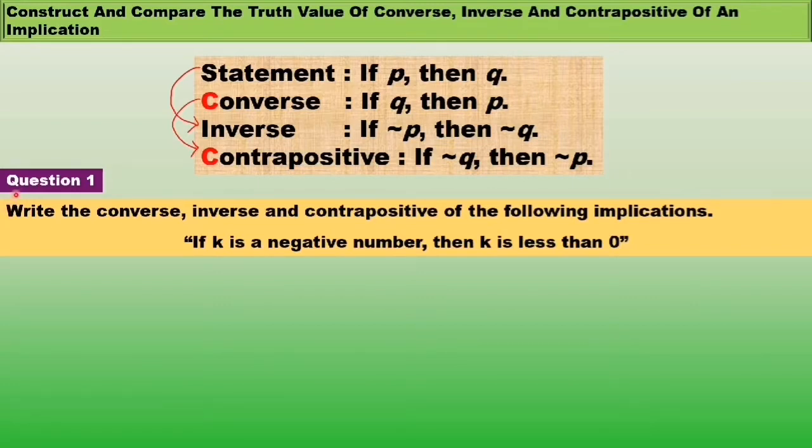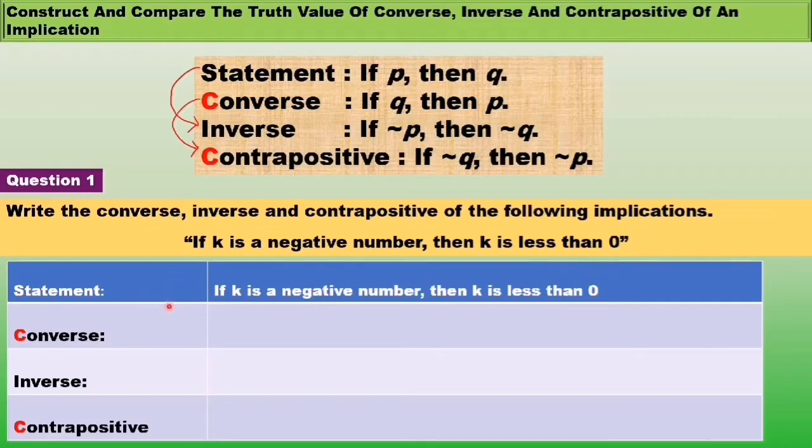To know further, let us look at question number 1. Write the converse, inverse, and contrapositive of the following implications. If k is a negative number, then k is less than 0. I just copy down from here.